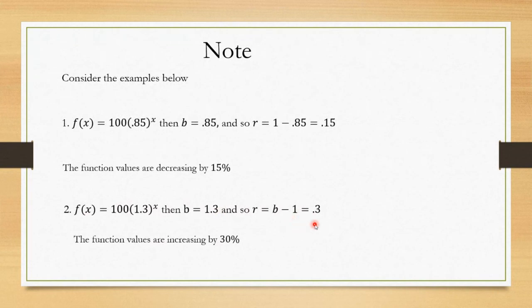Which is 0.3. So in this case, it's growing because your b here is greater than 1. We get 30% for the r, because again, it was 0.3. So as a percent, it's 30%. And in this case, the function values are increasing by 30%.